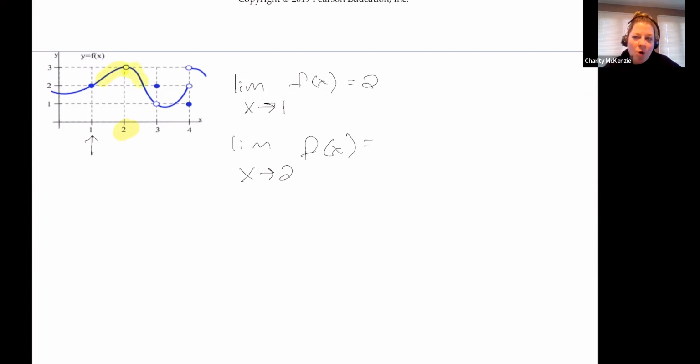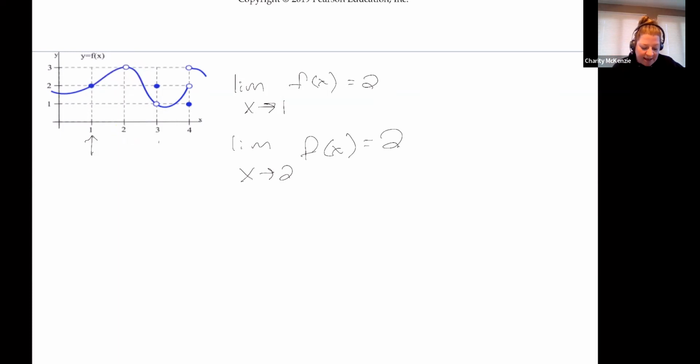It is an open dot. So we don't have a value directly at 2, but the limit is saying as you approach from both sides, where are you going? Both sides are approaching 2. So our answer here would be 2, even though the function doesn't have a value at that spot.